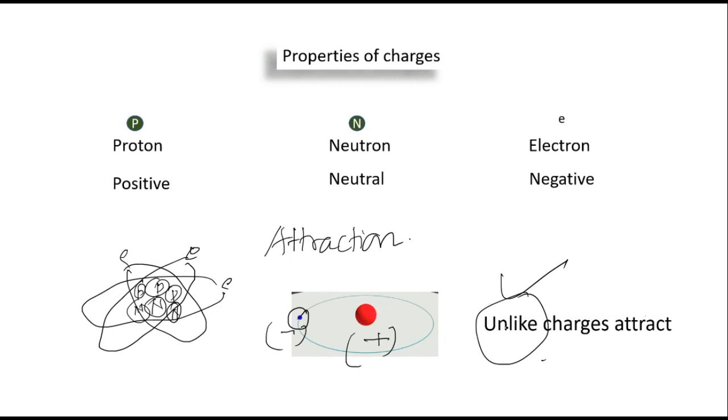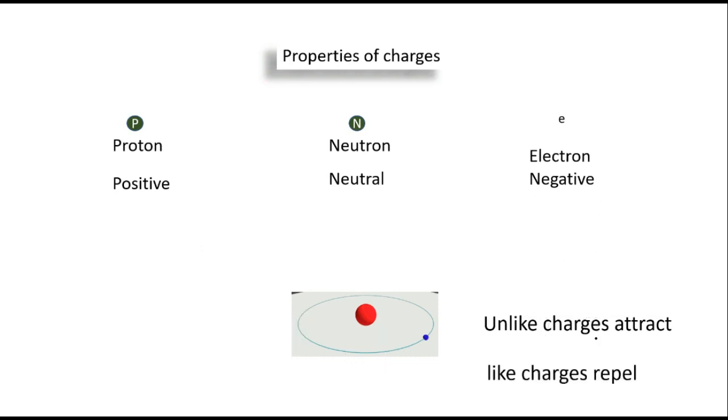Since unlike charges attract, what will happen if positive and positive or negative and negative come closer? Like charges will repel, and unlike charges attract. This is a very important property of charges, and this will help us to understand the phenomenon of lightning.